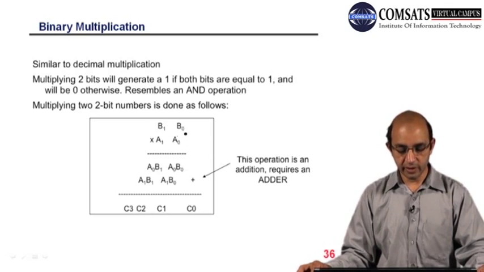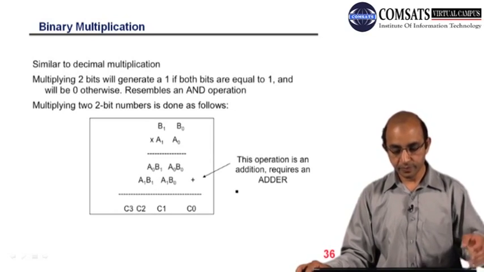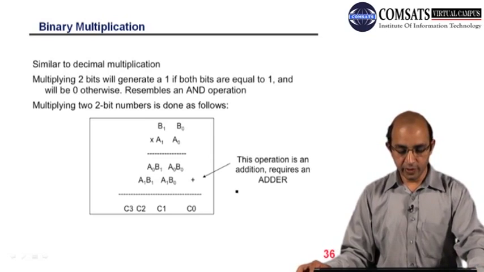So you can see that A0 B0, then A0 B1, and then we move to the next row. Here we have A1 B0, A1 B1. If you look, this is the addition operation, so here we can have carries.